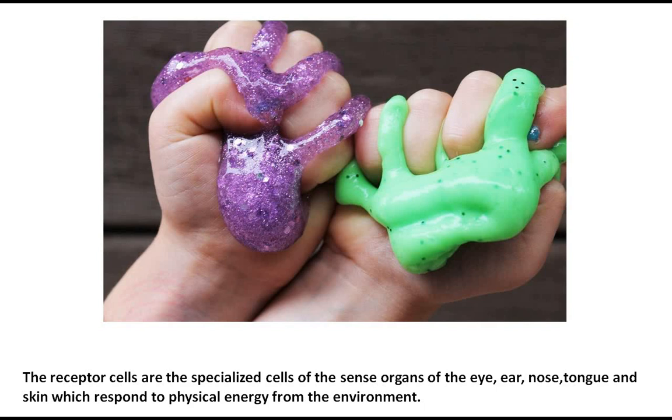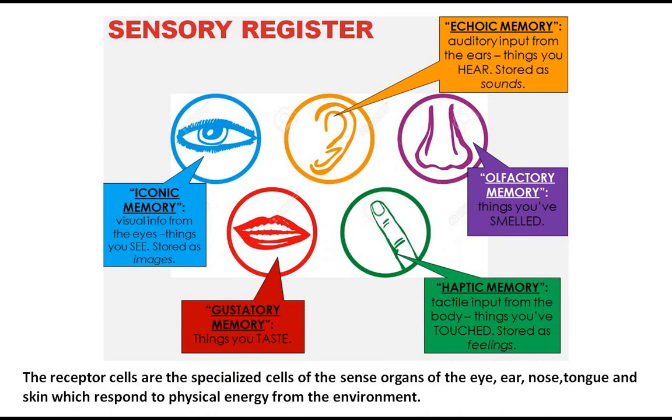The receptor cells are the specialized cells of the sense organs of the eye, ear, nose, tongue, and skin, which respond to physical energy from the environment. So, these are the sensory organs in our body. And there are 5 types of memories related to each sense organ.